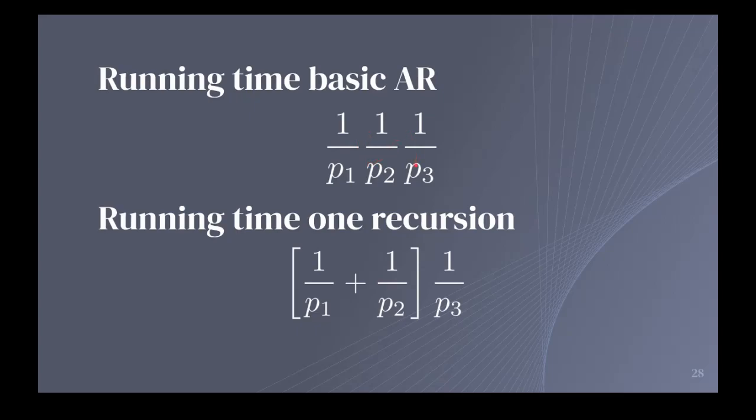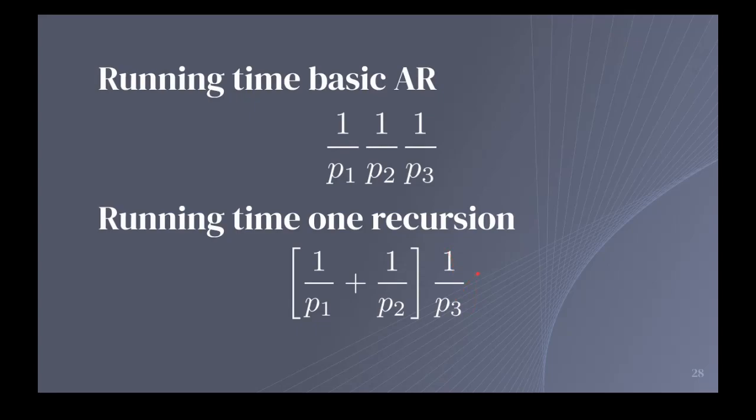Now, because our stitching procedure breaks the left half and the right half into recursive calls, now the amount of time that we have to wait to get the left half is 1 over P1. The amount of time that we have to wait to get the right half is 1 over P2, and the entire procedure is replicated on average 1 over P3 times.